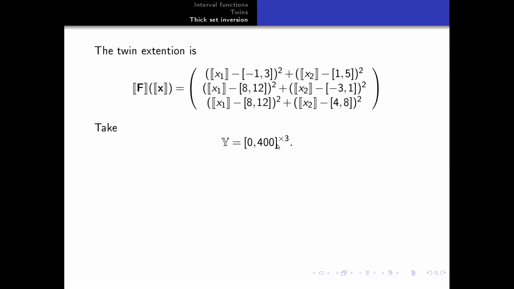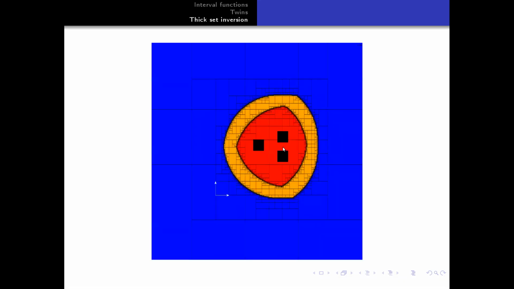Since I measure 3 distances, Y will be a box of R3. If I compute the image using the twin arithmetic, I will obtain this, with the inside in red, the penumbra in orange, and the outside in blue. The position of the landmarks is represented by the black boxes.